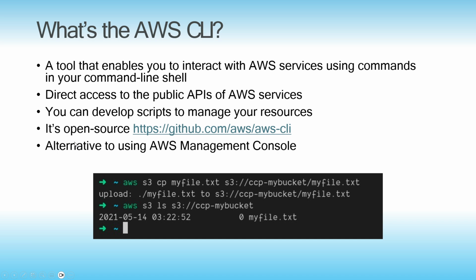AWS CLI is a terminal-based application which helps us call AWS directly from local. For that, we need to pass a credential. We can use AWS configure to set up our local.